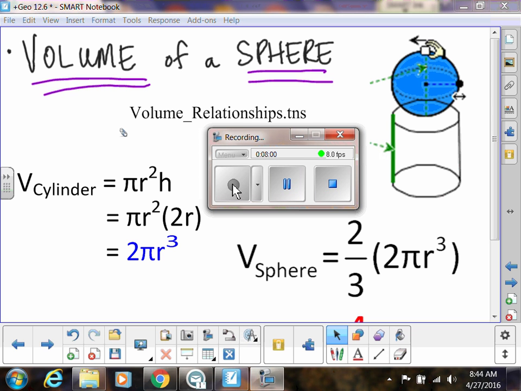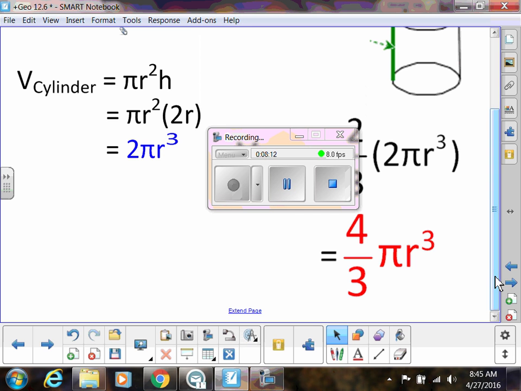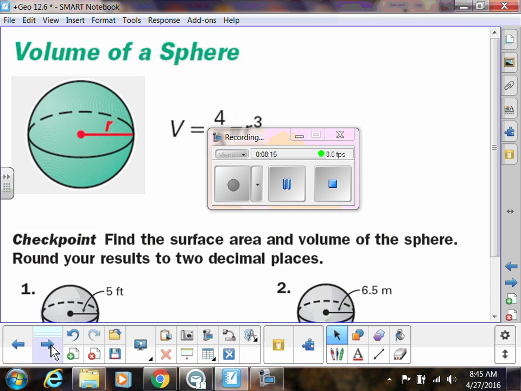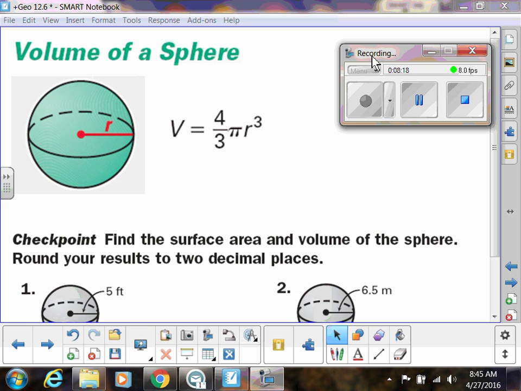If I try to squeeze as many spheres in as possible, I could really fit about 2/3 of that sphere in that. So if I multiply that together, bottom line is that our volume is going to be 4/3 pi r cubed.